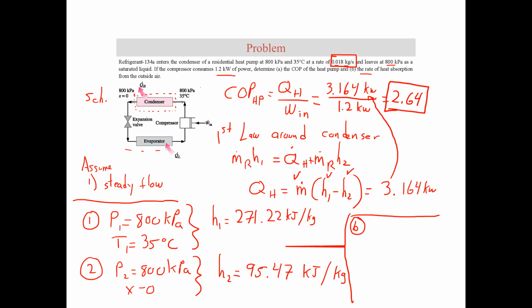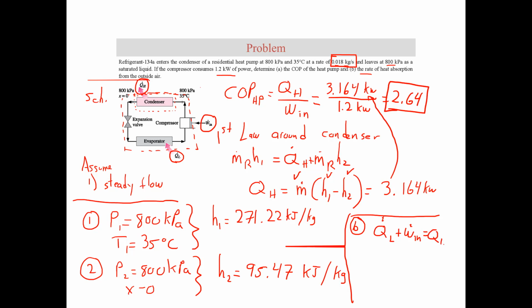But if I draw my system boundary around the whole cycle, what I have here is energy in by heat, mass, and work. I have heat flow in and work in equals this heat flow out. So if I do my first law analysis, I get that the heat into the cycle, QL, plus the work into the cycle equals the heat being rejected by the cycle.